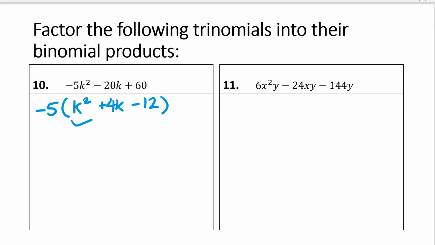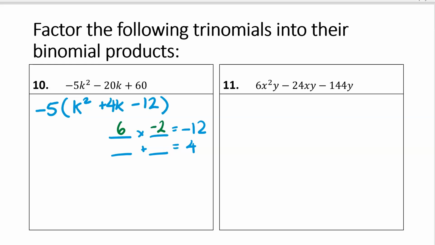So then we can just factor what's in those brackets. Same method, two numbers that multiply to give you the last term, -12. Those same two numbers need to add to give you the middle term, 4. So that should be a positive 6 and a -2.